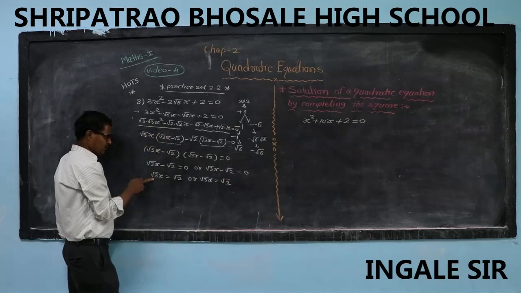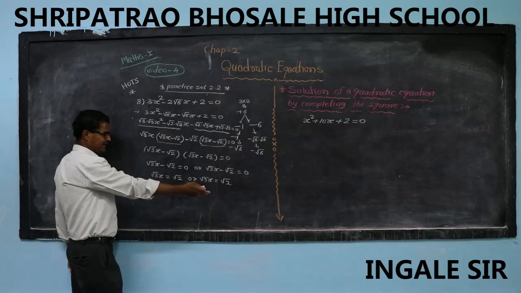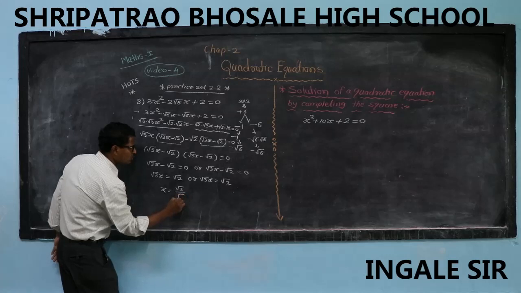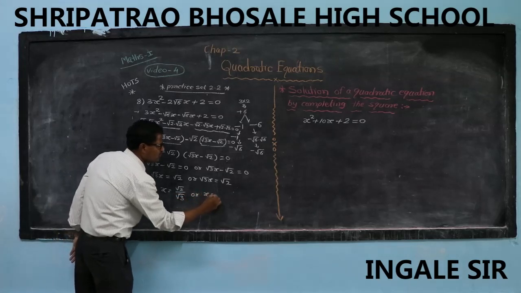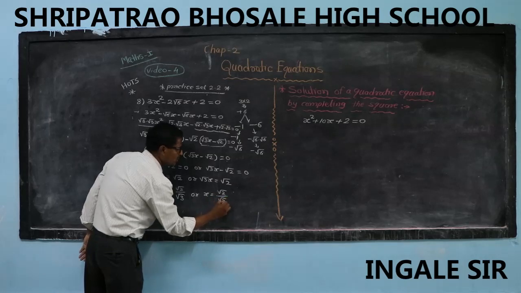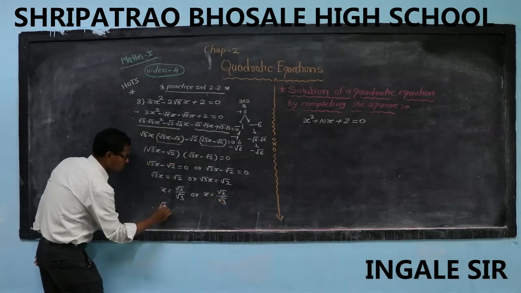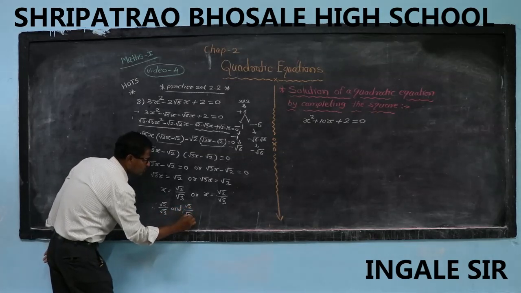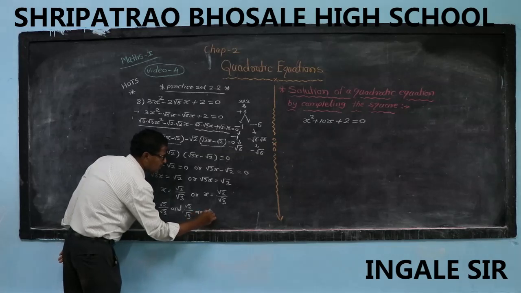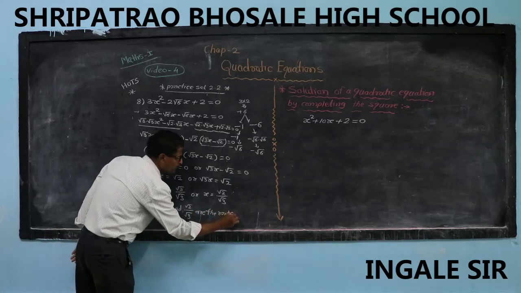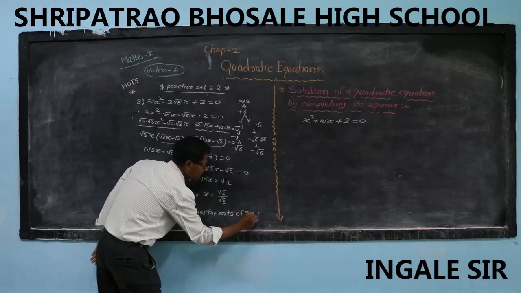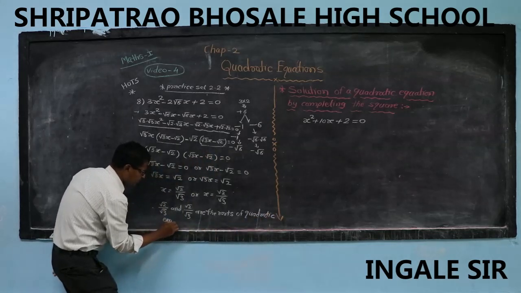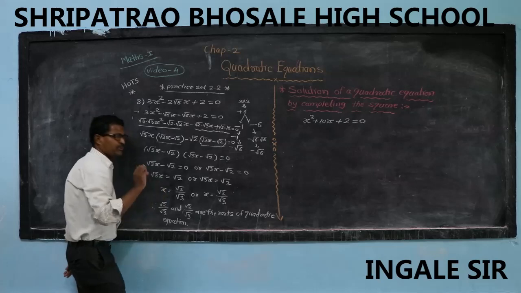Now root 3 in the left hand side is in product, so it goes to the right hand side in division. x is equal to root 2 by root 3, or x is equal to root 2 by root 3. Therefore root 2 by root 3 and root 2 by root 3 are the roots of the quadratic equation. In this way we can solve the given example.